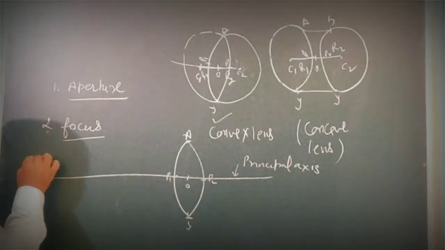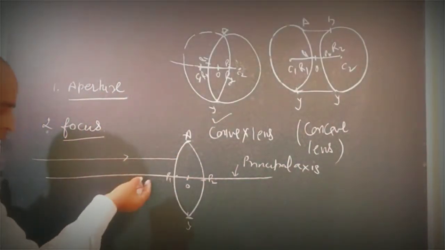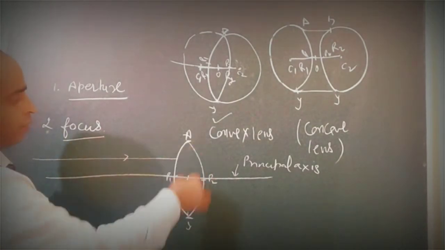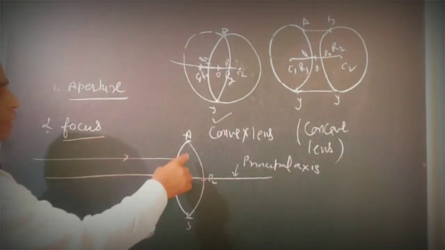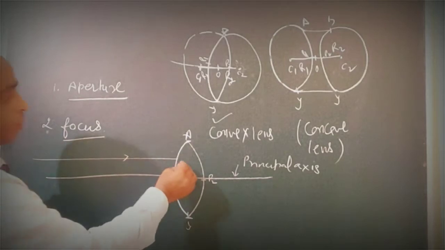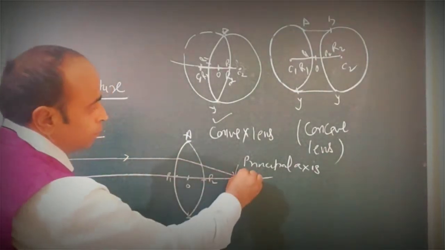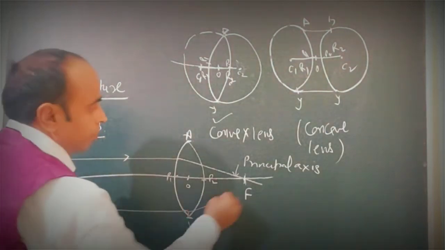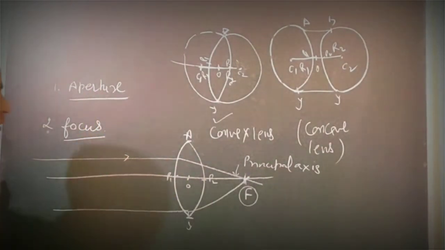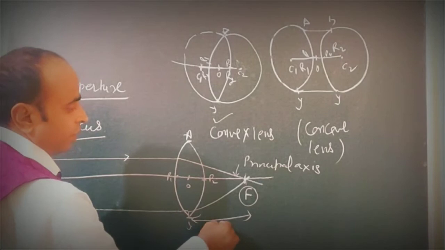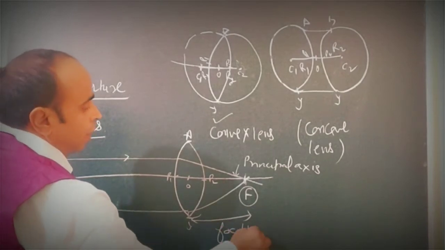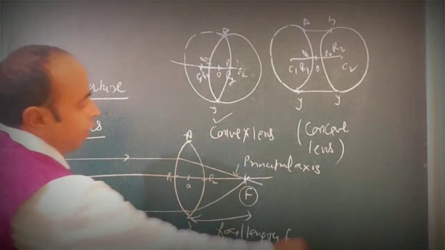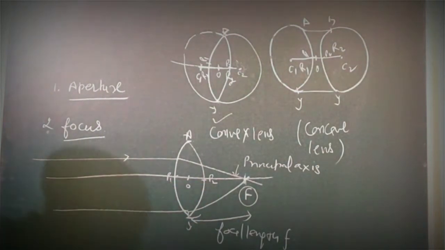Dear students, when a ray from infinity comes and strikes this spherical refracting surface, or you can say passes through this particular lens, it passes through a point, and this point is termed as the focus of a lens. This distance from the optical center is termed as the focal length, denoted by small f. This is your focal length.